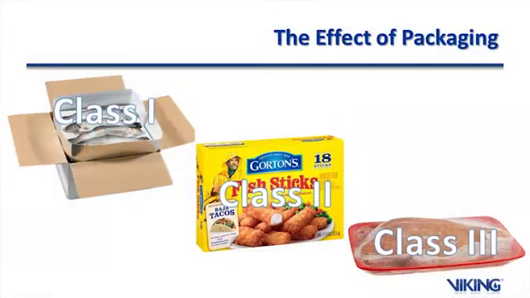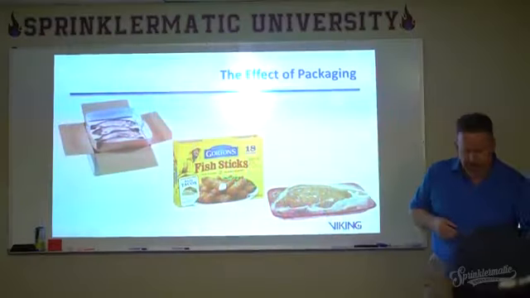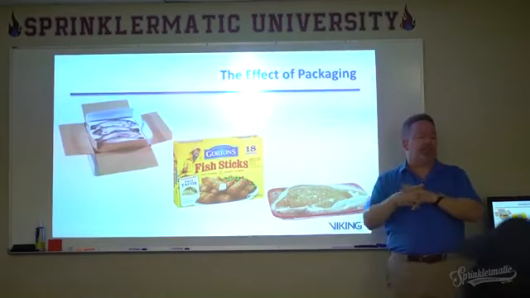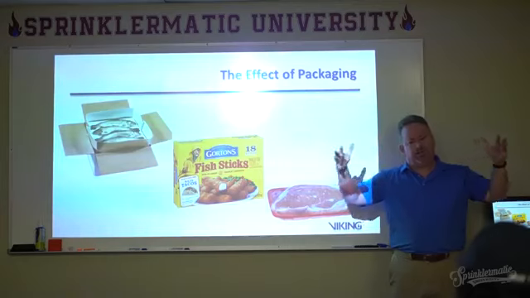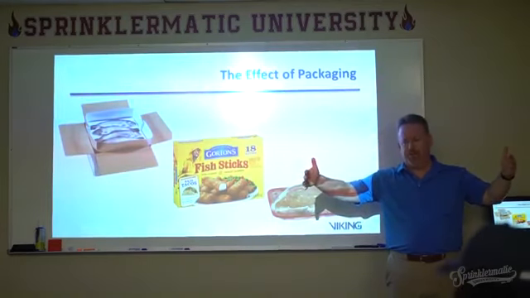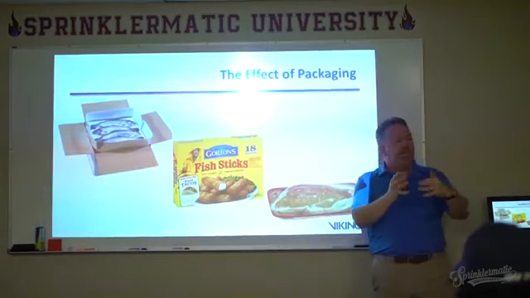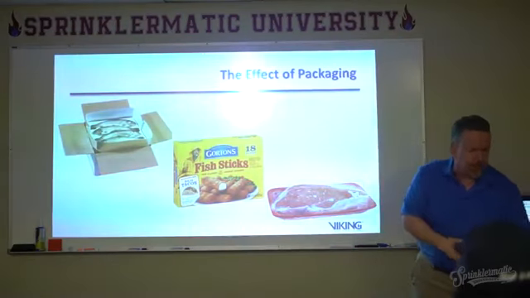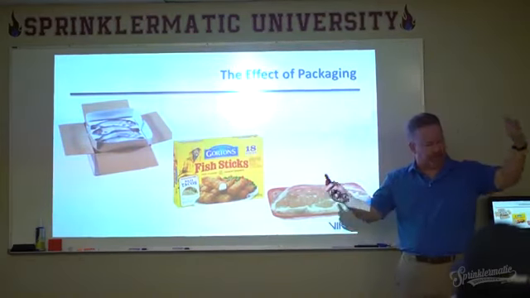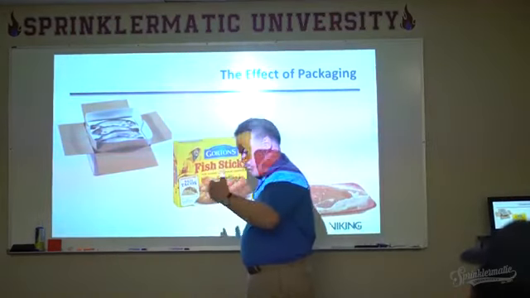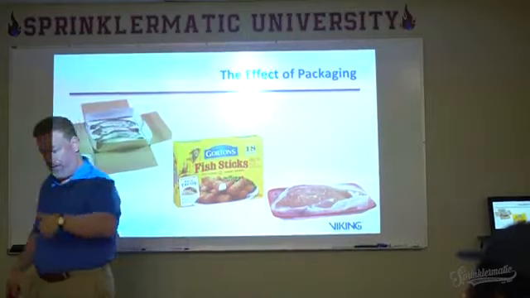Now, once again, the effect of packaging. In the annex of NFPA 13, there are a number of tables that give you examples of what each of these commodities might be as far as their groupings, but also as far as what each material might be as far as its commodity.